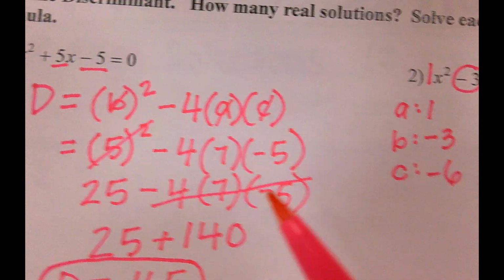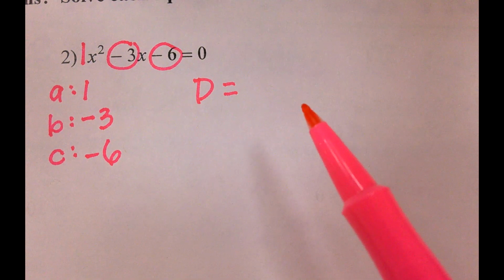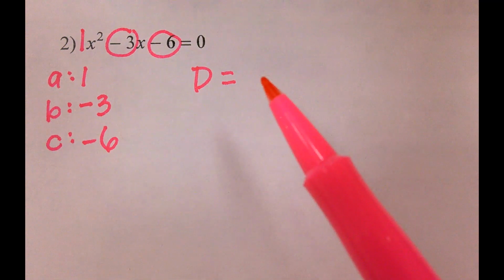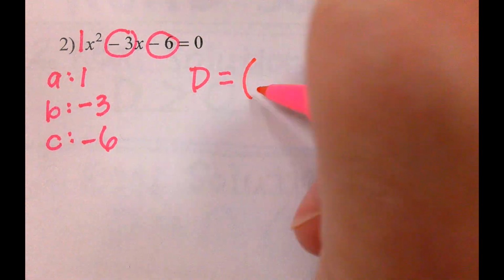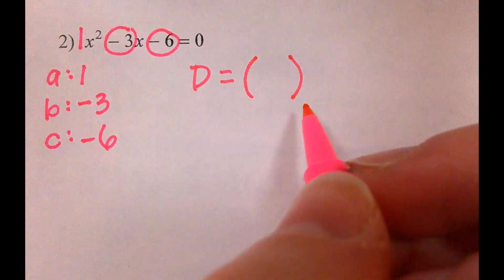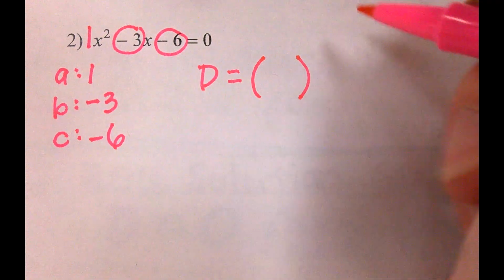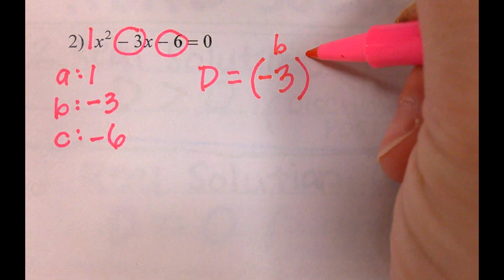I see what I did wrong. B is -3. Now do I need x? No, just the numbers at this step. We have b squared. B is -3. So we're going to write -3 for b squared.